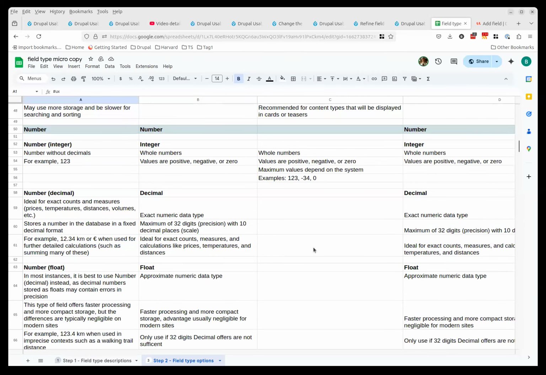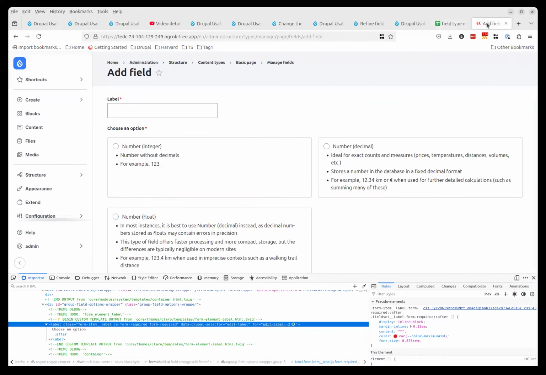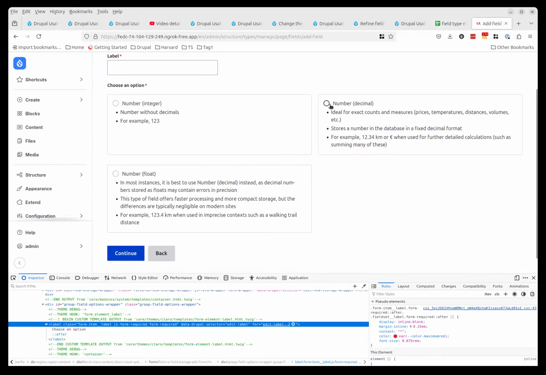Right, so just make sure everyone is oriented here. Column B shows whole numbers, values are positive, negative, or 0, and that is what we see. That is not what we see here.